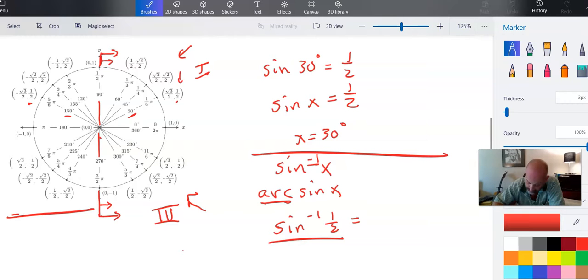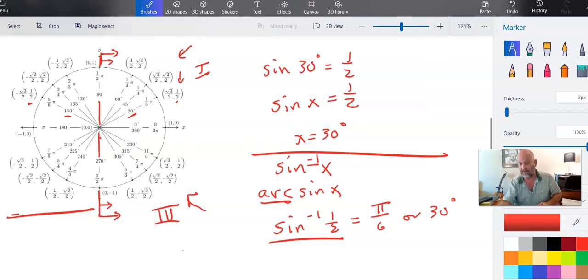I have it right here, and I don't have any other 1/2 because all these are -1/2. And I get 30 degrees or pi/6. It depends on what it's asking you for, whether radians or degrees. So sine inverse takes the side ratio and spits out the angle instead. That's a way of getting a hold of the angle when all you have are the sides.